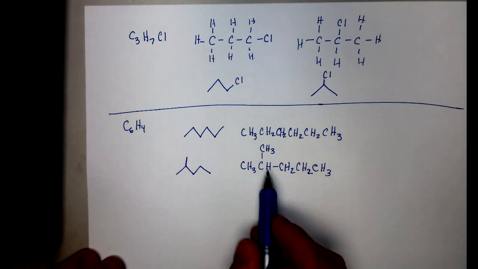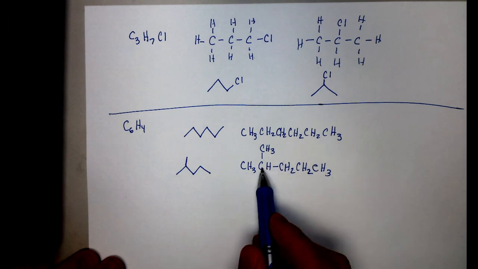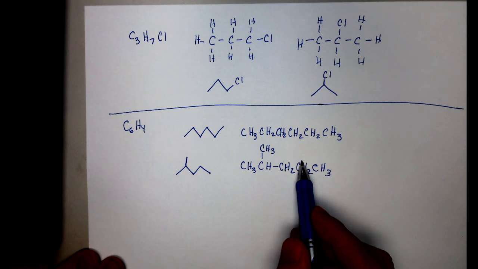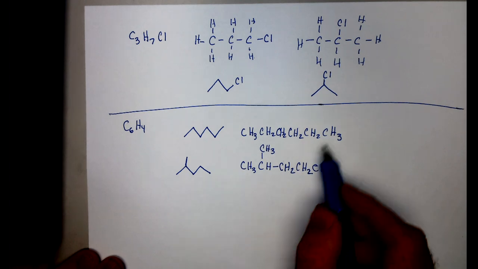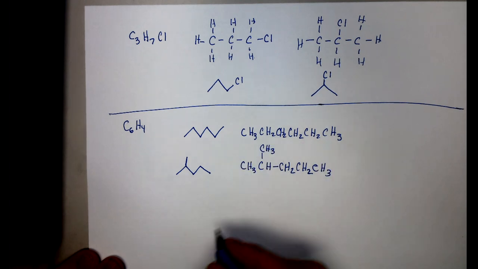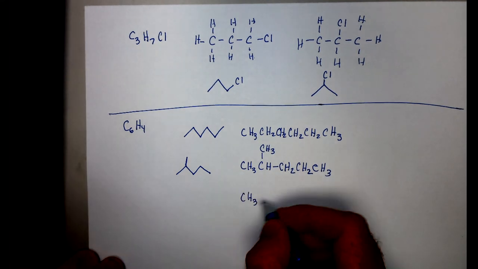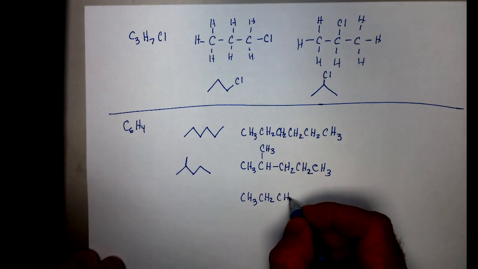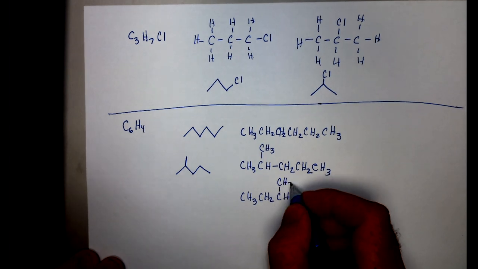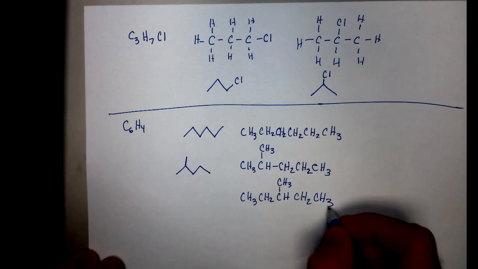Now, instead of putting it here, it would be different if I put it here. But if I put that methyl group here, it would be the same. And the ends aren't going to work because you would end up with this molecule again. So we can move it over 1 and say CH3, CH2, CH, and now the CH3 is coming off the middle carbon, CH2, CH3.